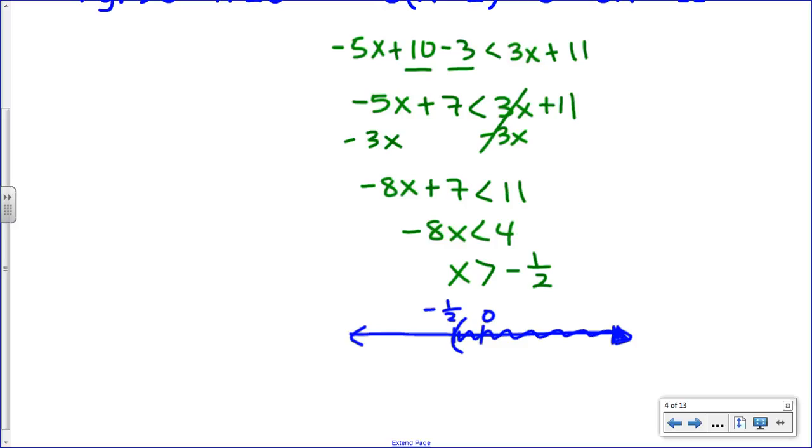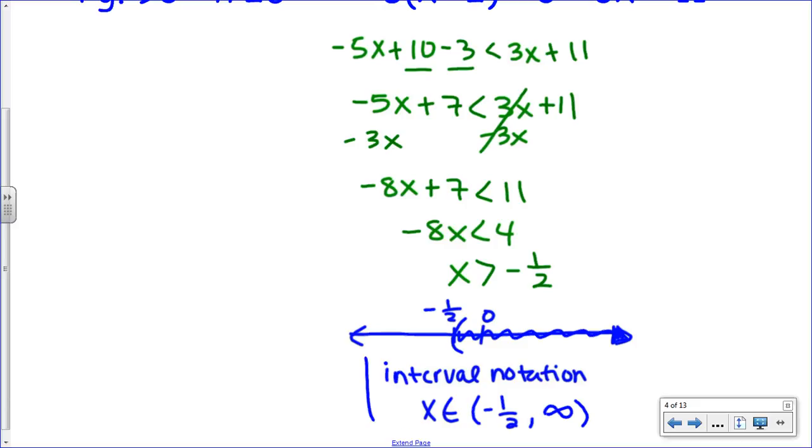Okay, so my interval notation: x is in the interval from -1/2 to positive infinity, with parentheses.